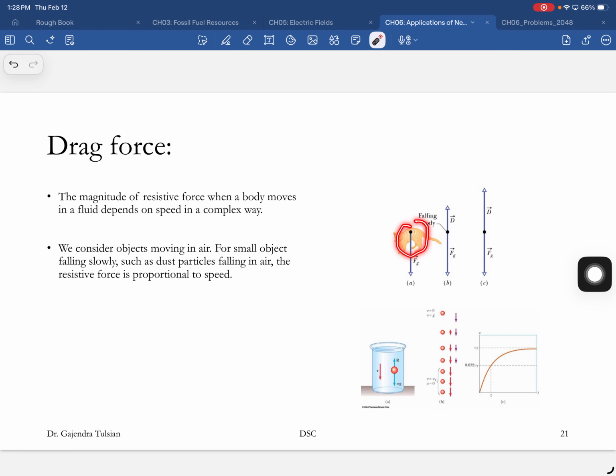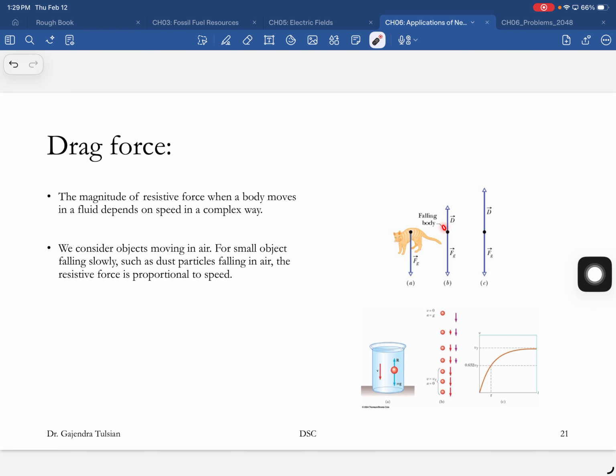All right. So when you first drop the cat, the only force acting on it is the force of gravity. Now, as it speeds up, there's a drag force. And it turns out that this drag force is proportional to the speed squared of the cat. The faster it's going, the greater the drag force gets. Now, if you drop the cat from a high enough place, as its speed is increasing, this drag force is increasing.